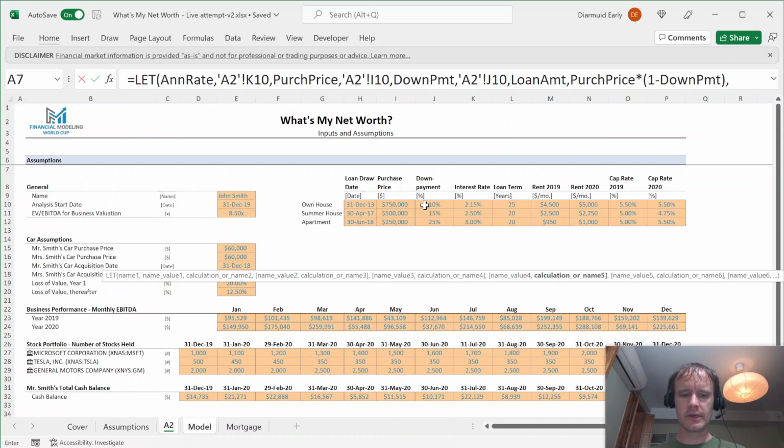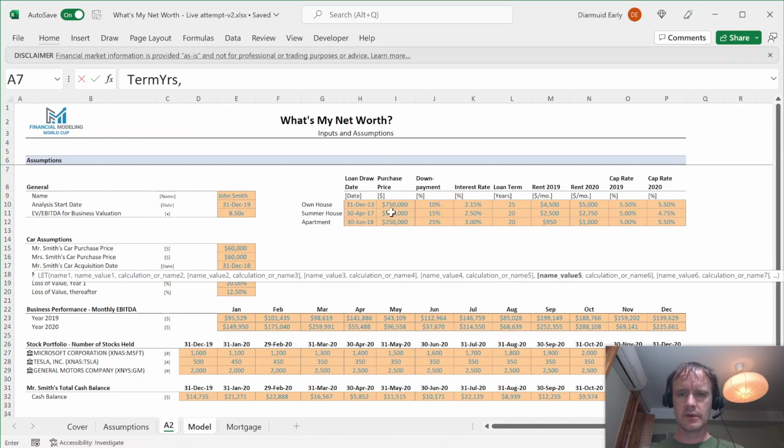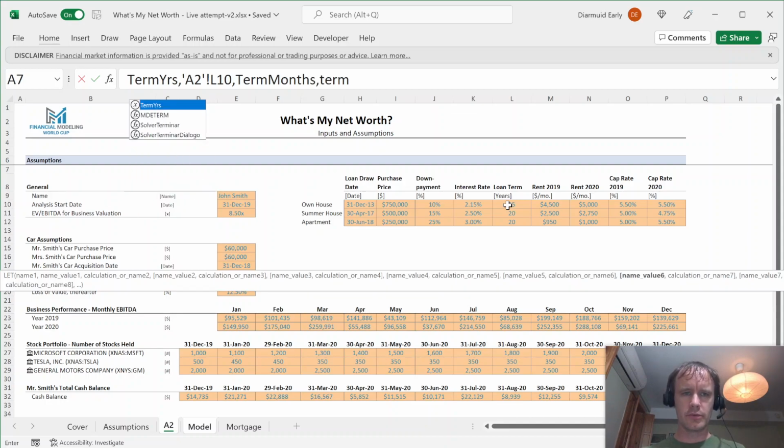And then what else do I need to work out? Term. Let's say I do term years is this, then I can say term months is term years times 12.